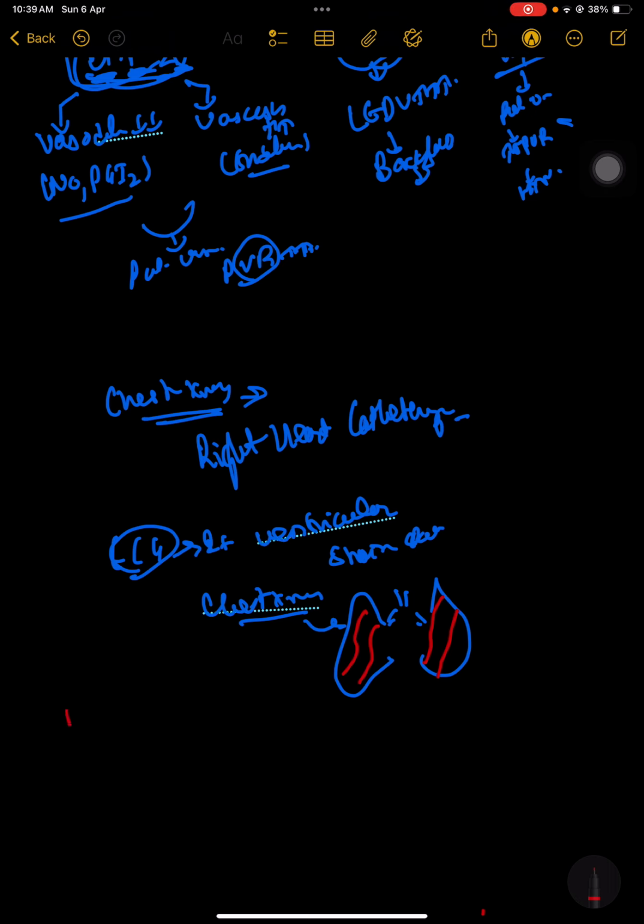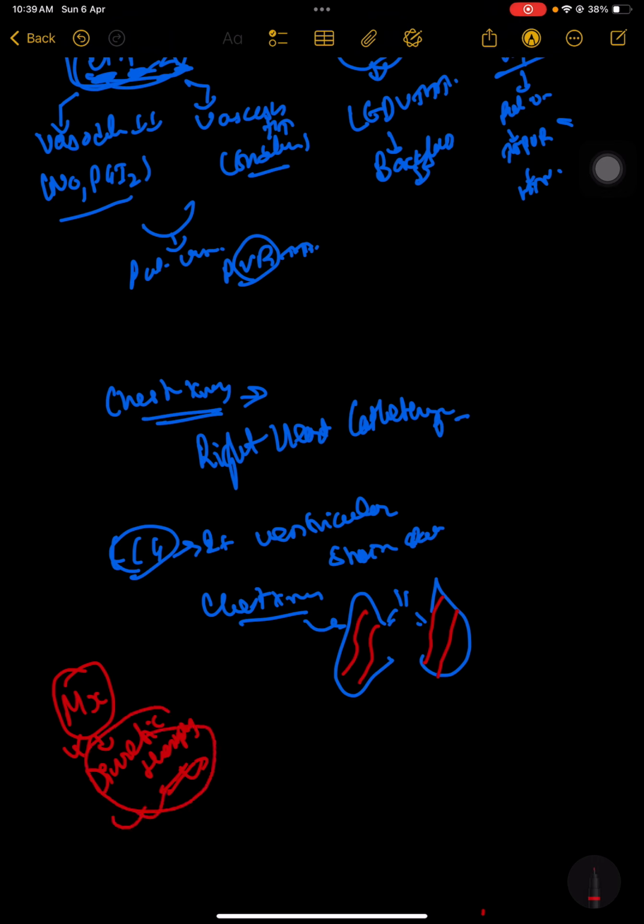Got it. Now management. How are you going to manage this case? Go for diuretic therapy. Okay, it should be prescribed for the patients with right heart failure. Just prescribe the diuretic therapy. Okay, now supplemental oxygen must be given to maintain oxygenation.